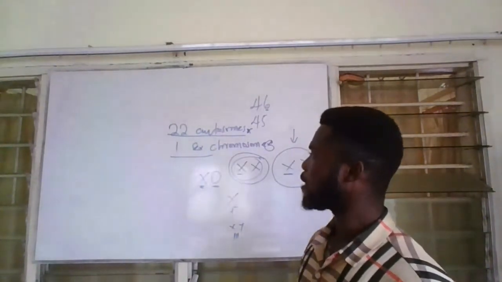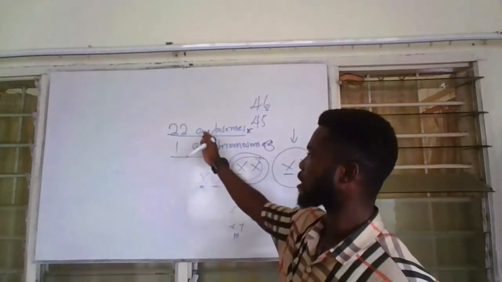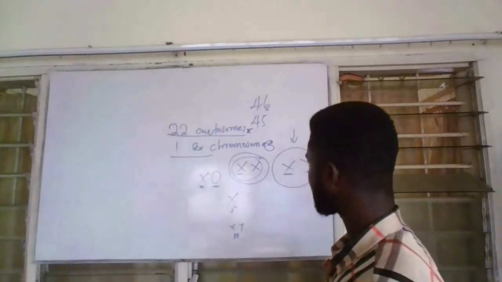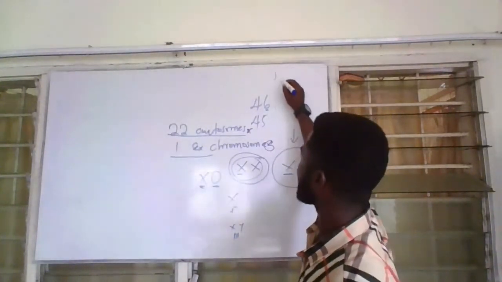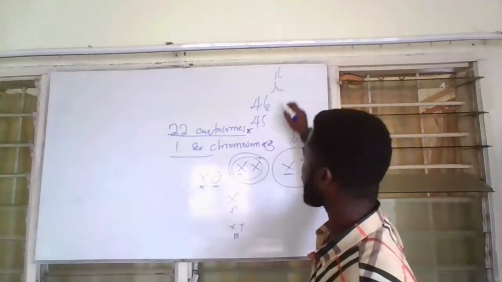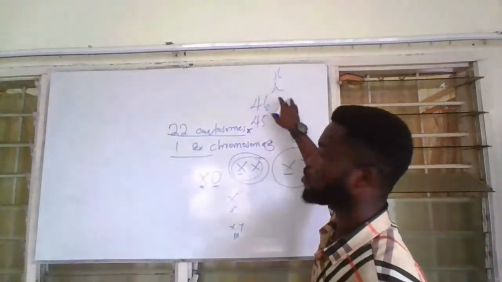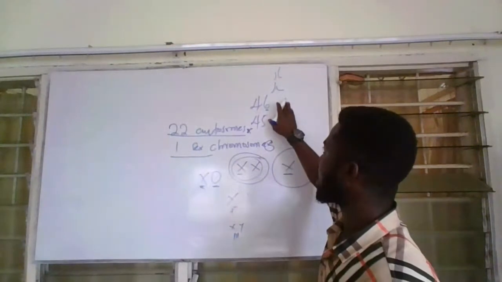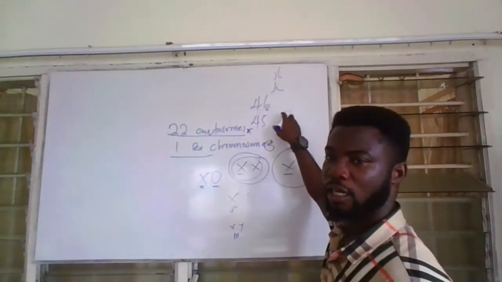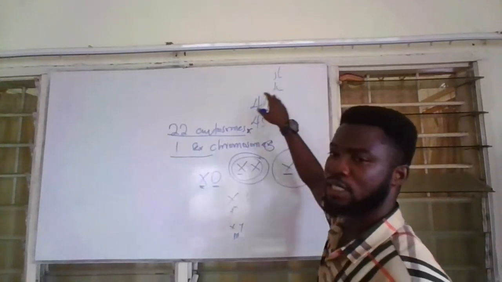If there's a problem in the structure of the autosomes, remember they go in pairs. You pick one from your father and another from your mother. With these autosomes, a characteristic trait that you pick may become dominant or recessive.